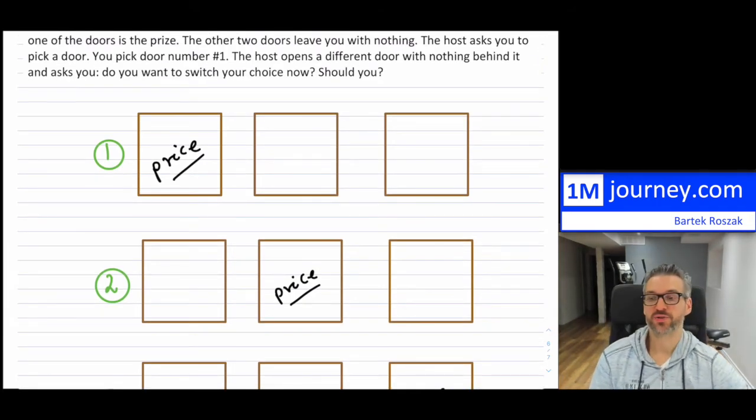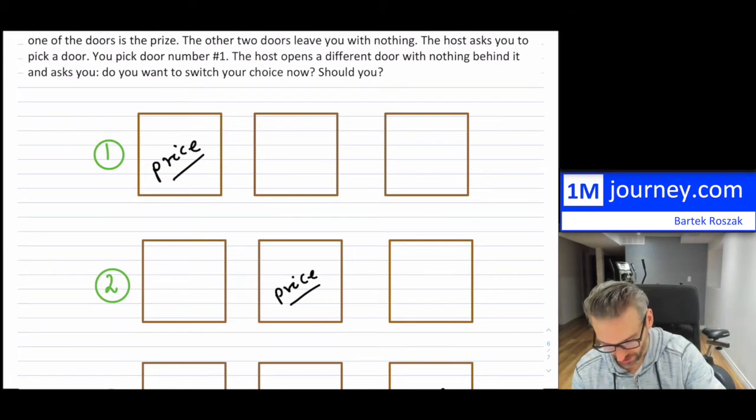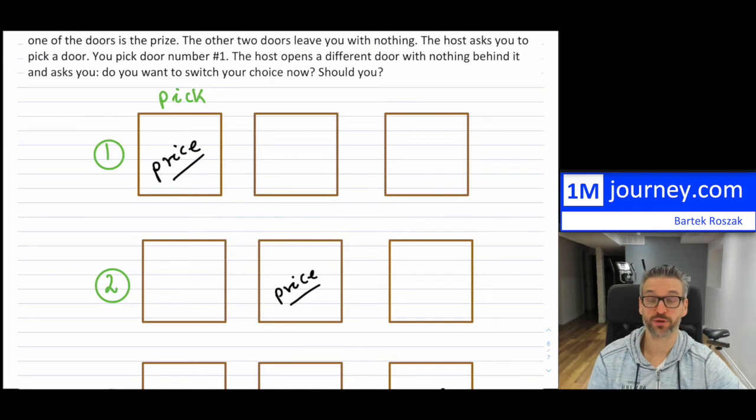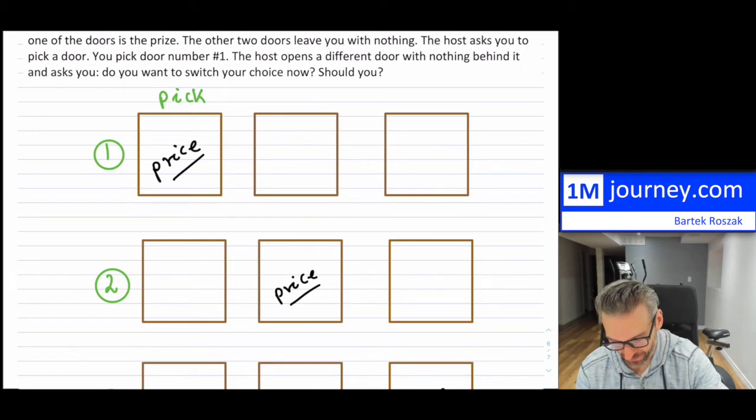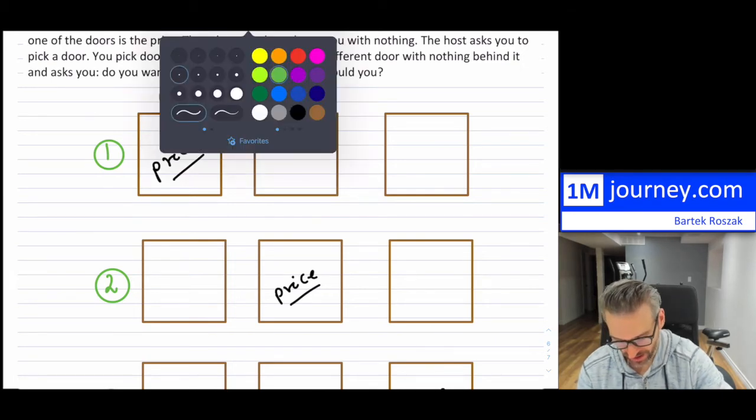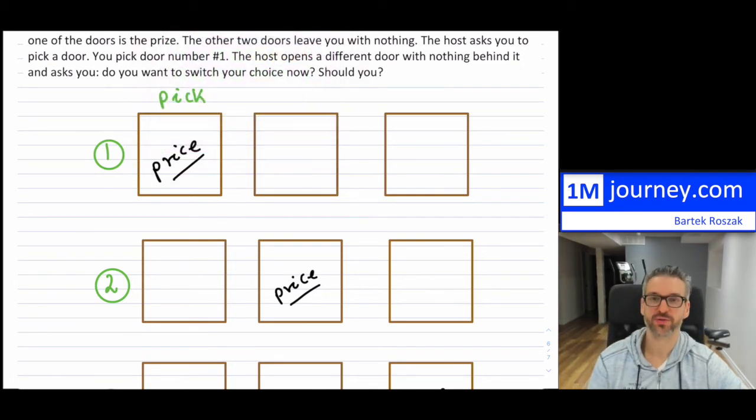So let's say the prize was behind number 1, and you pick that particular door. Here is your pick. Obviously, because the prize is there, we know that beforehand, and you would say, well, I don't want to switch. But if we knew that, that defeats the purpose, because we don't know where the prize actually is. What we want to find out is, should we switch or not switch?